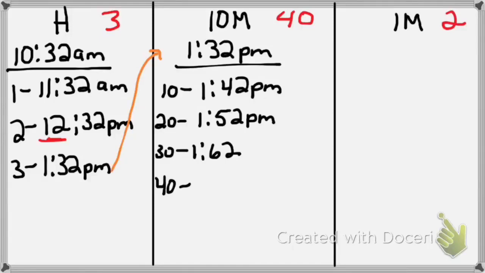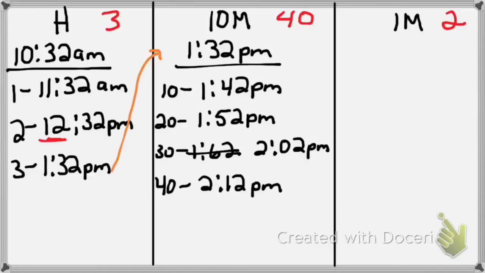The most minutes I can go up to is 59, then it turns to the next hour. So 60 is never good in the minutes. I'm going to change that to 2:02, right? Instead of 1:62, it would be the next hour, which is 2:02 p.m. 10 minutes after 2:02 would be 2:12 p.m.